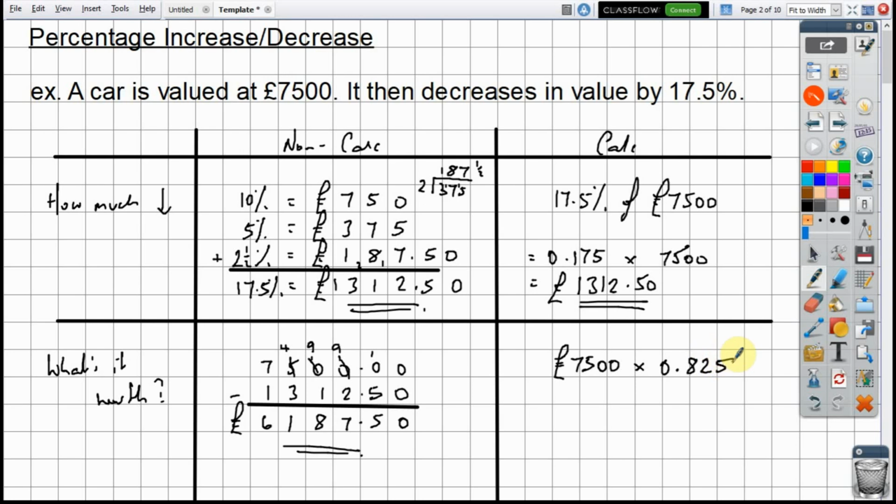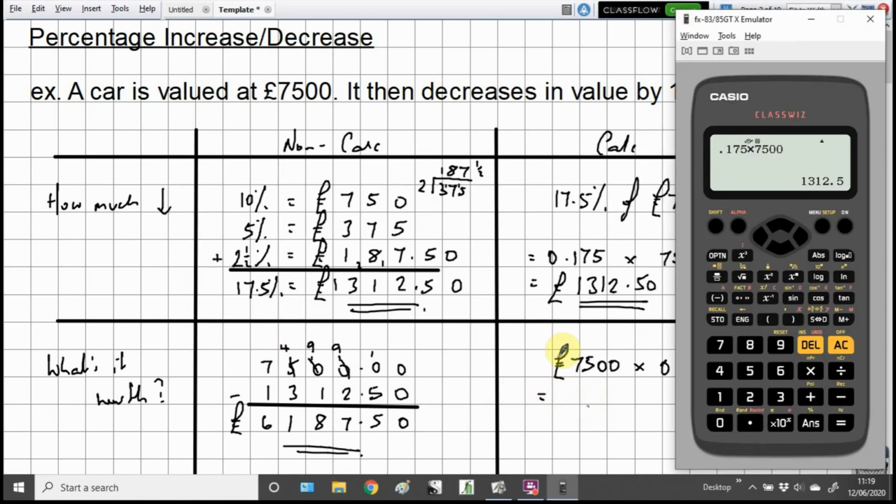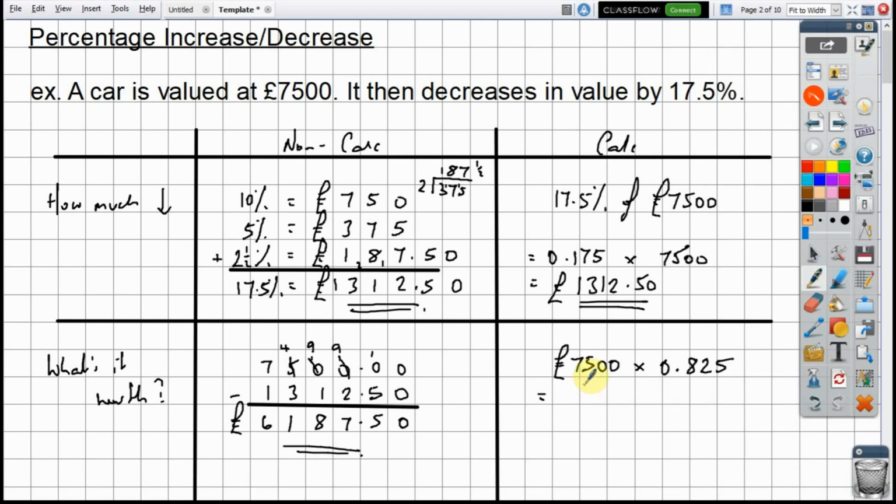If you do 100 take away 17.5, you get 82.5. And so 7,500 multiplied by 0.825 makes 6187.50. As I said, you need to be able to tackle all of these different methods so that whatever situation you find yourself in, you're capable of dealing with it efficiently.